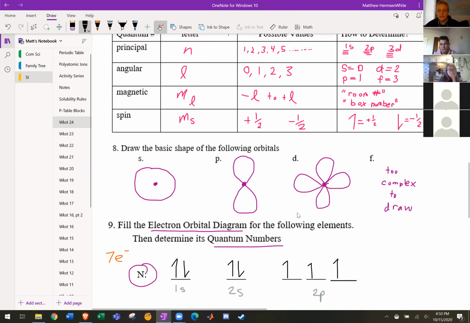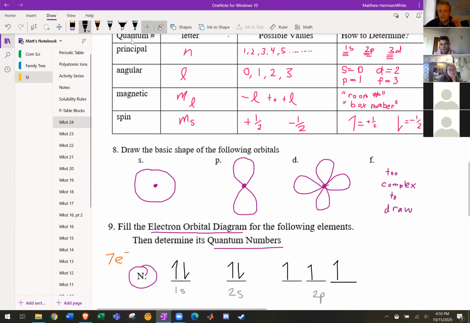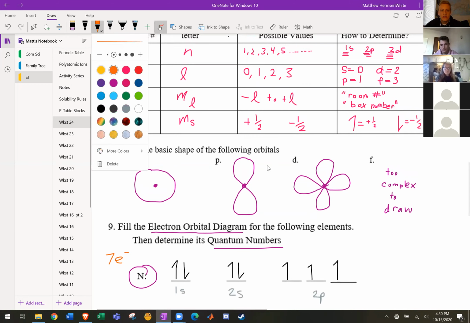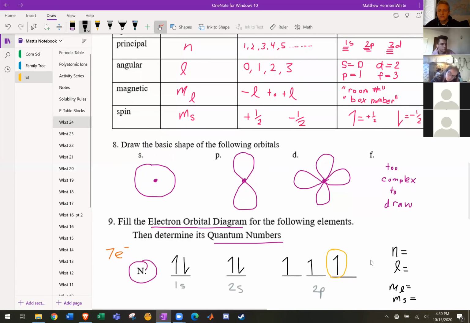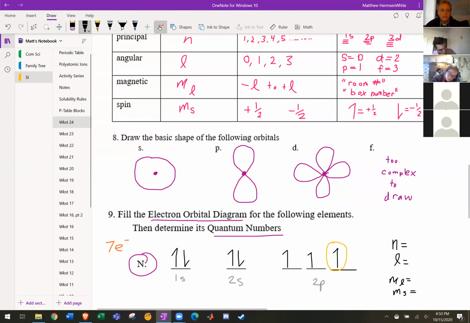So let's do the quantum numbers for nitrogen. You always take the last electron that we placed to analyze. So we're analyzing this one right here. We have 4 quantum numbers: N, L, ML, and MS. The N quantum number, we said, was the coefficient on the block.